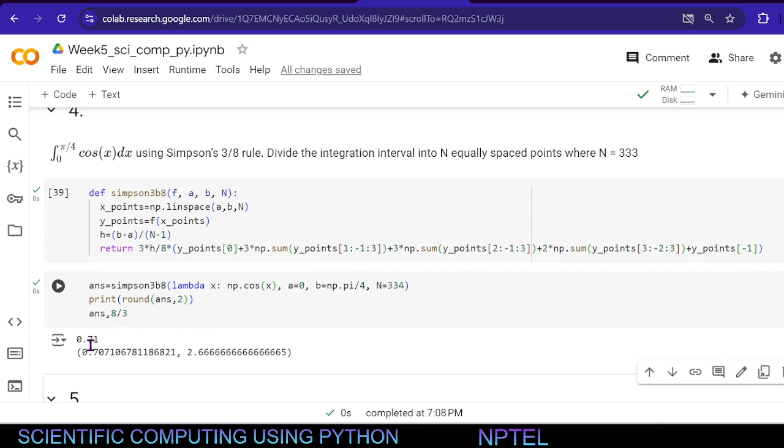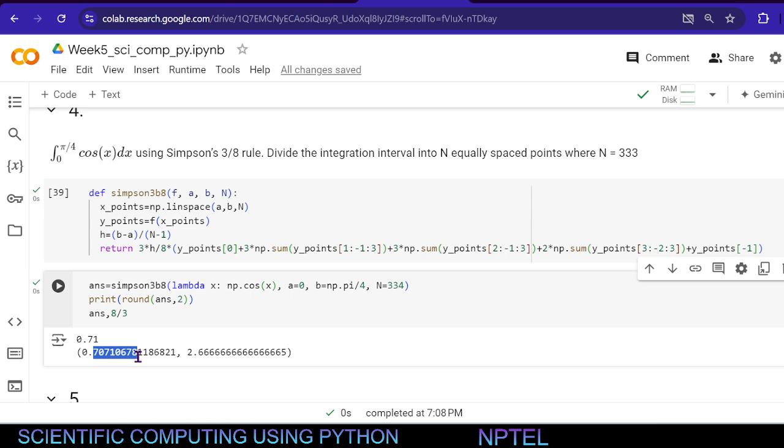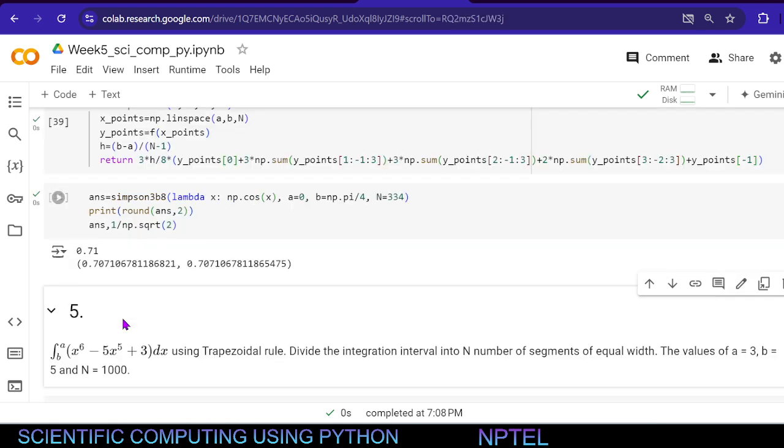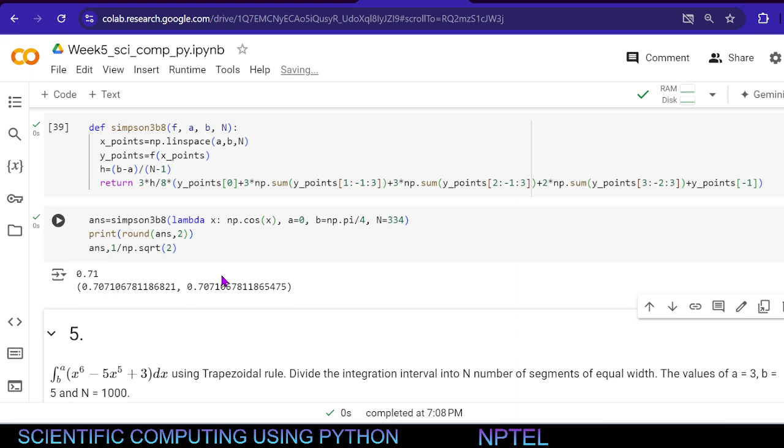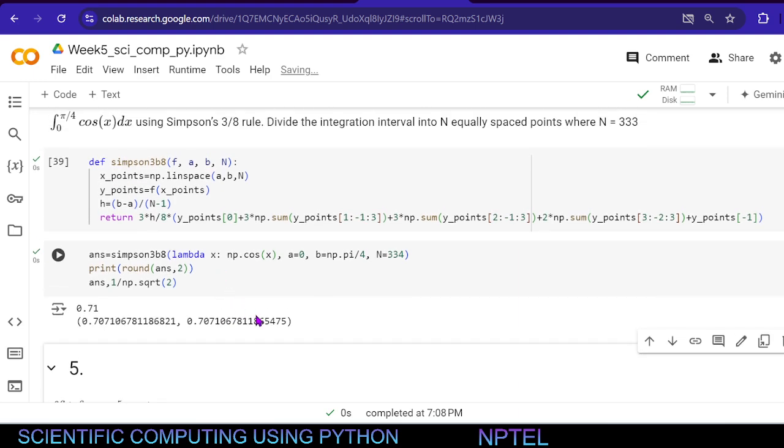And if we print the entire answer, it's 0.707, right? So if you remember, it's 1 over square root of 2 actually. So 1 by sqrt 2 np. Yeah, so it gives the correct answer up to many decimal places.